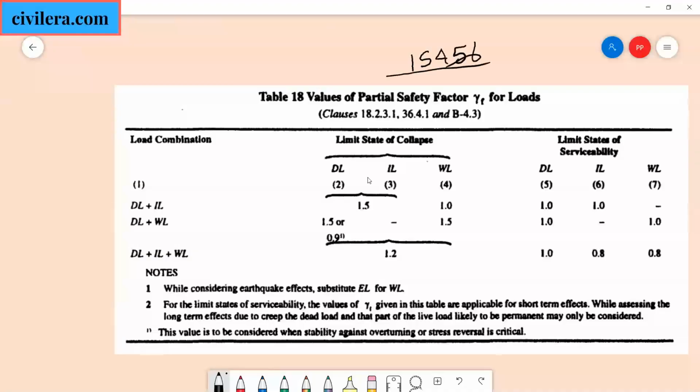So if you see here, dead load plus live load: your factor of safety is dead load multiplied by 1.5, live load multiplied by 1.5. In the same way, when you are combining dead load and wind load, you get 1.5 dead load, 1.5 wind load.